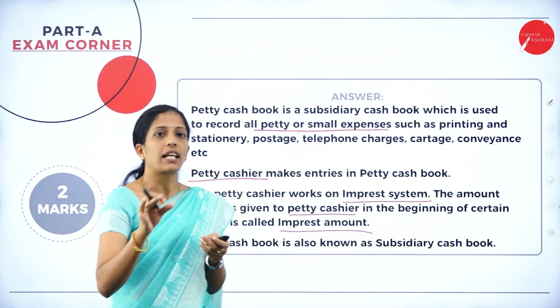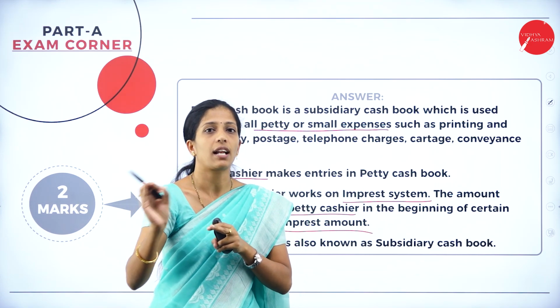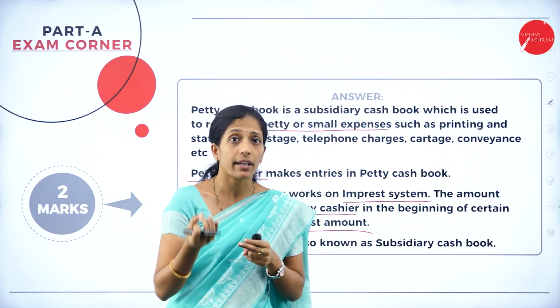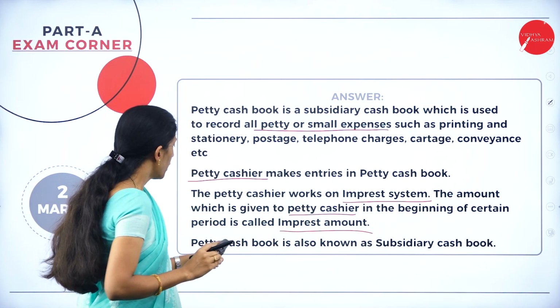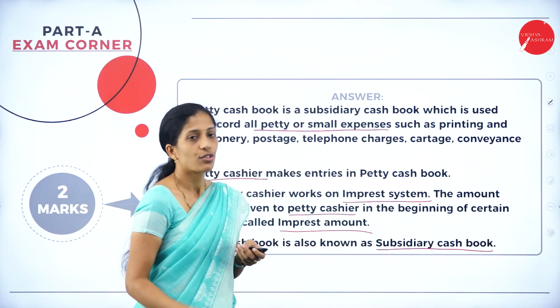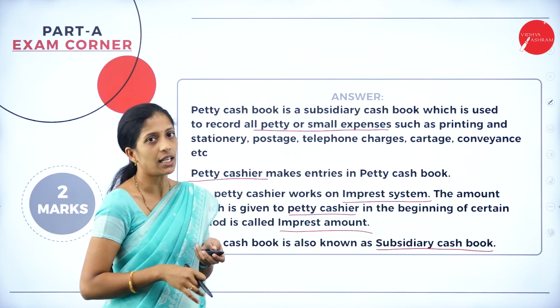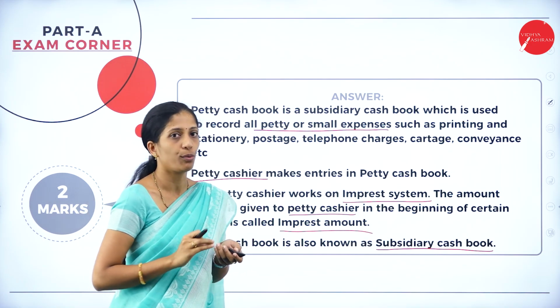Normally, petty cash book works under the imprest system where the main cashier gives a certain amount to the petty cashier on a regular basis, which is called the imprest amount. Petty cash book is also known as subsidiary cash book. So these 2 sentences are enough for 2 marks.